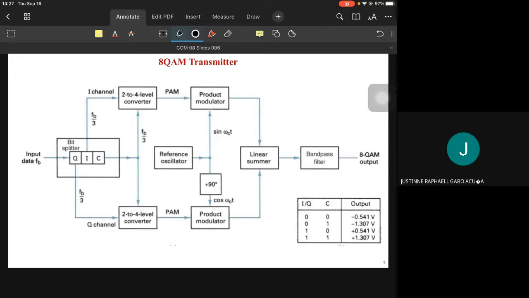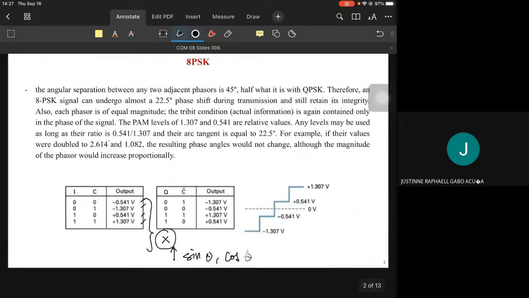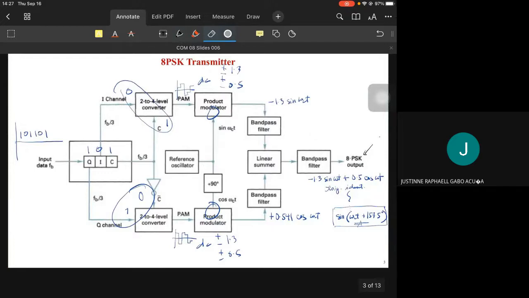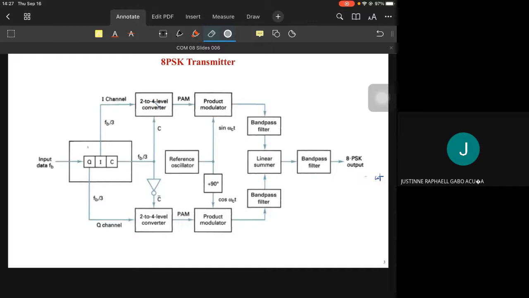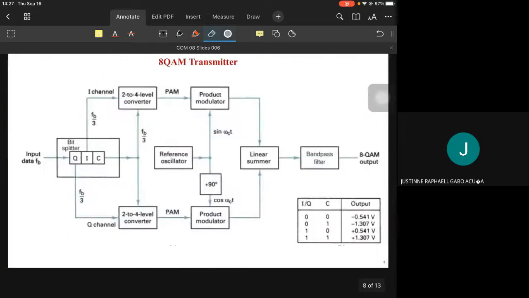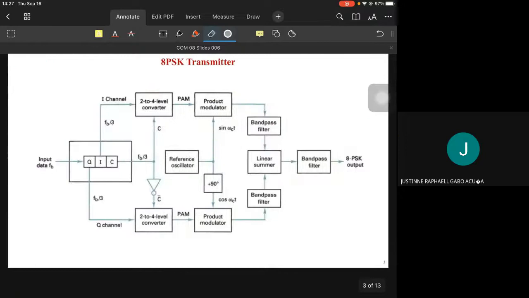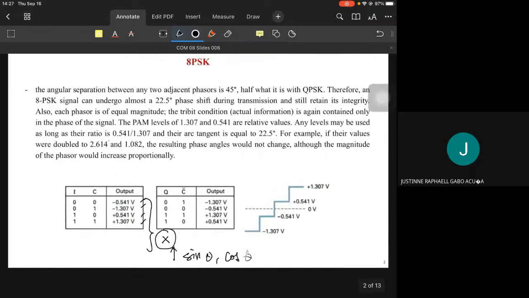There is a summer, and a diode. Is this a diode? An inverter. Okay, so the inverter is gone. The voltage levels can remain the same.